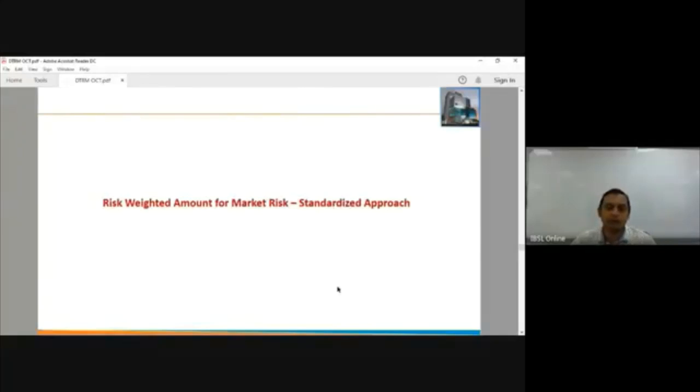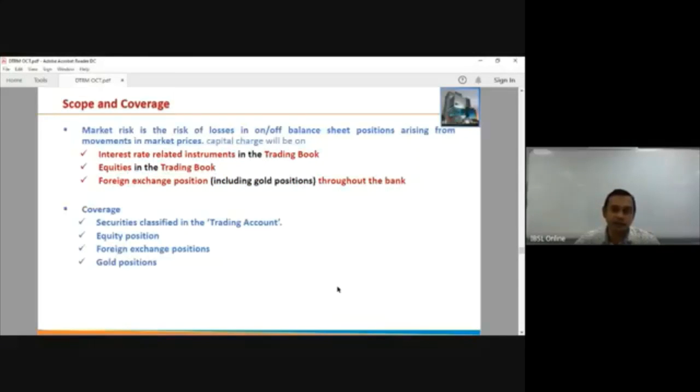So we've adopted the standardized approach for computing the capital charge or the risk-weighted assets for market risk. Now, when I say market risk, it covers three different risks, right? Interest rate risk, foreign exchange risk, and equity risk or equity price risk.